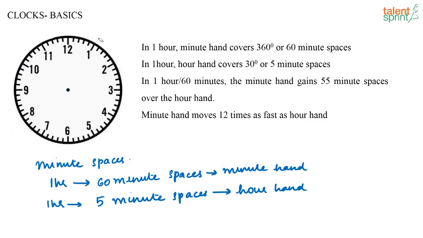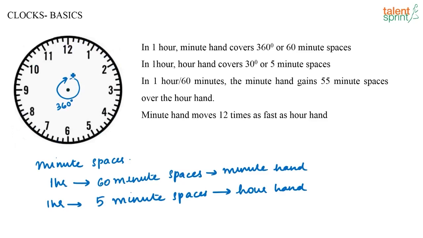The other way to look at it is by considering the angle in the clock. If you consider a clock, the full circumference of the clock is equal to 360 degrees. In 1 hour the minute hand is covering 360 degrees, that is, it is completing one full rotation. It is starting from 12 and getting back to 12.